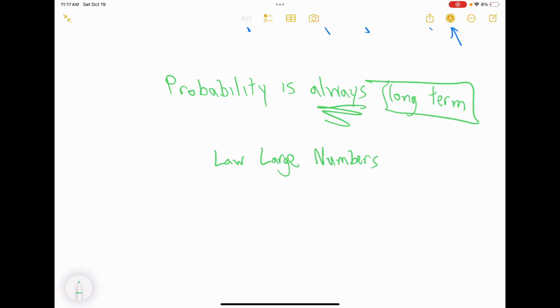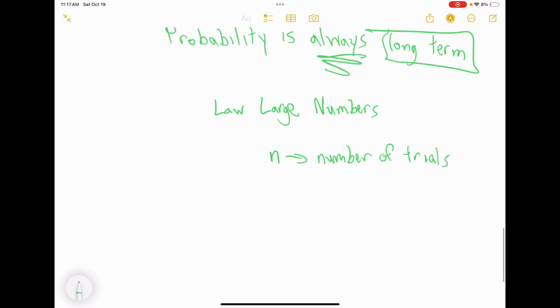means that as n, and n is always the number of trials, goes up, our probability approaches the true probability, the true proportion.